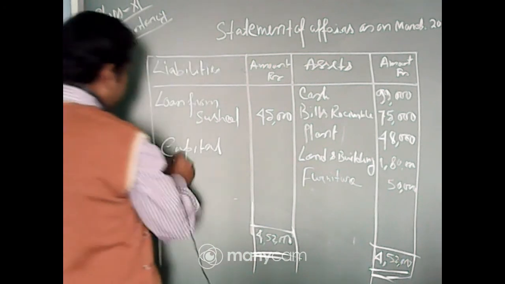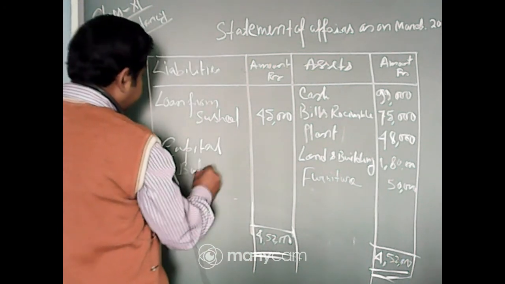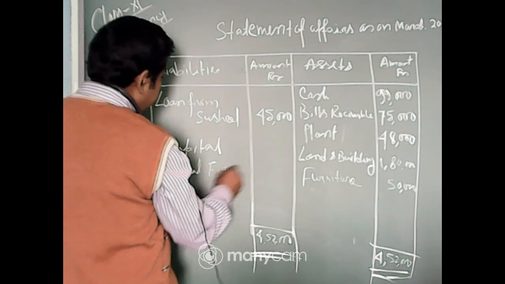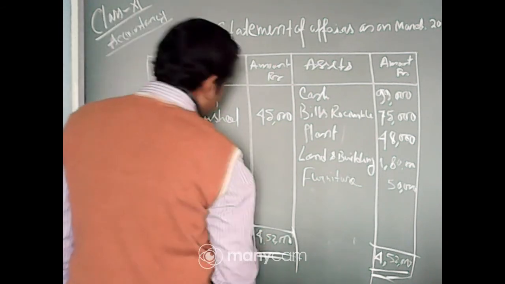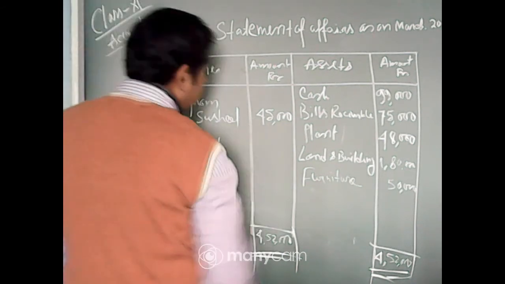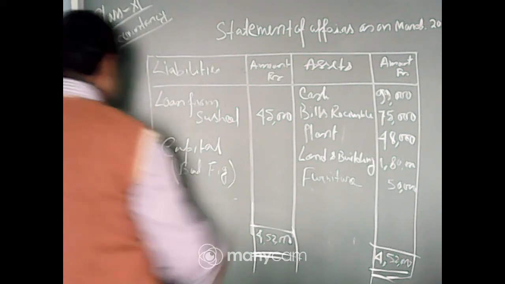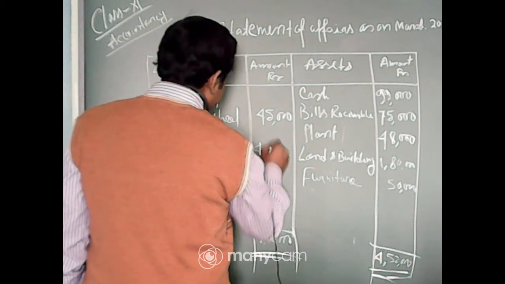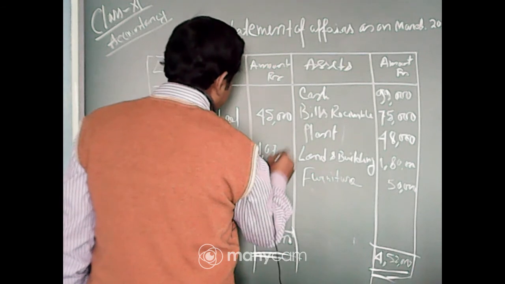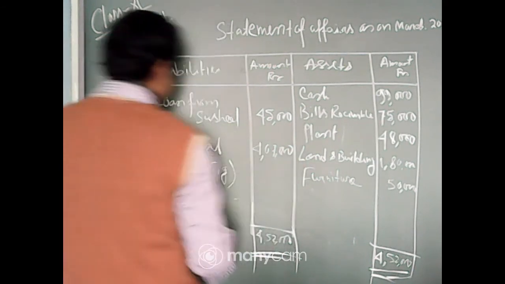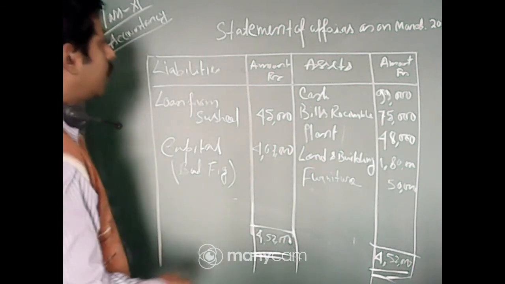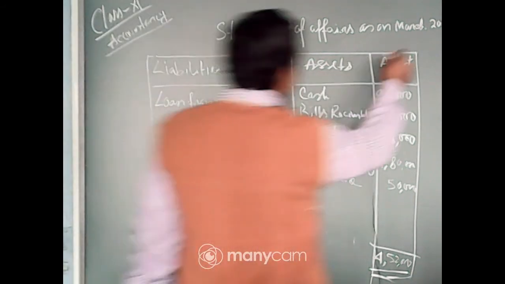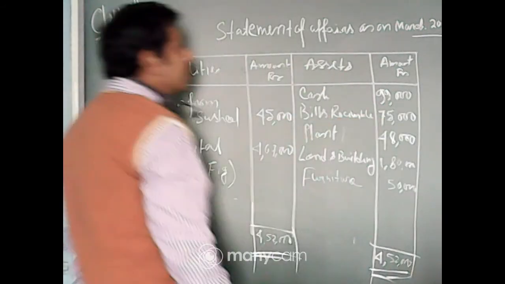So what is the balancing figure? From 4,52,000 you just deduct the 45,000, that will become 4,07,000. So that capital is actually the closing capital because we are making the statement of affairs in March 2017.